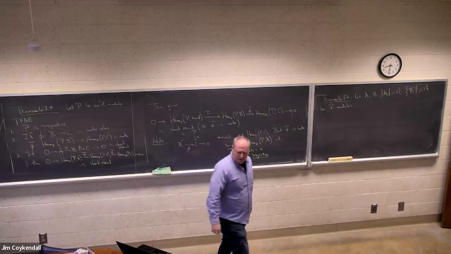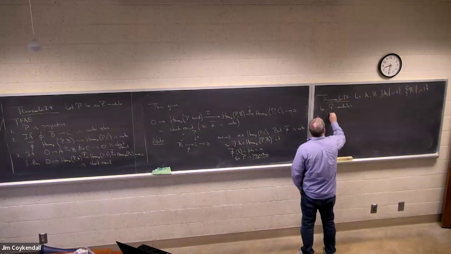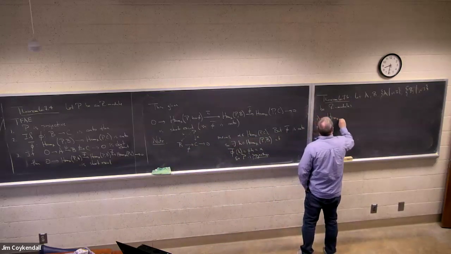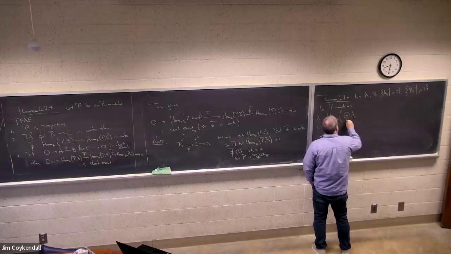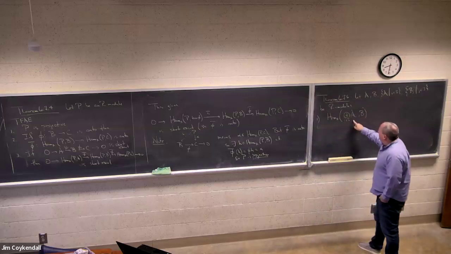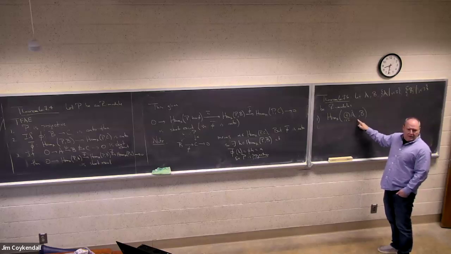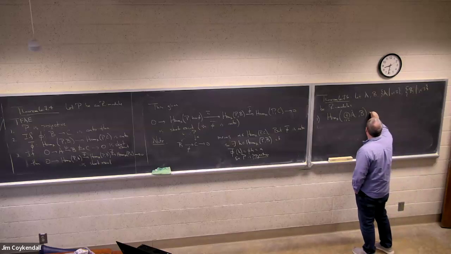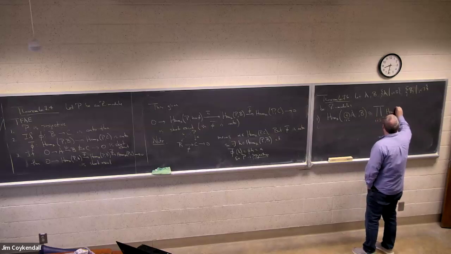If you look at Hom_R of the direct sum of the A_i, B, so if you look at homomorphisms from this big direct sum of A_i and B, this is isomorphic to the direct product of each of the little separate ones.